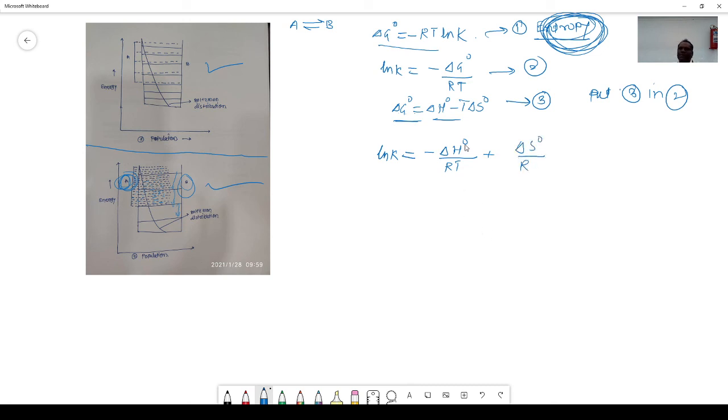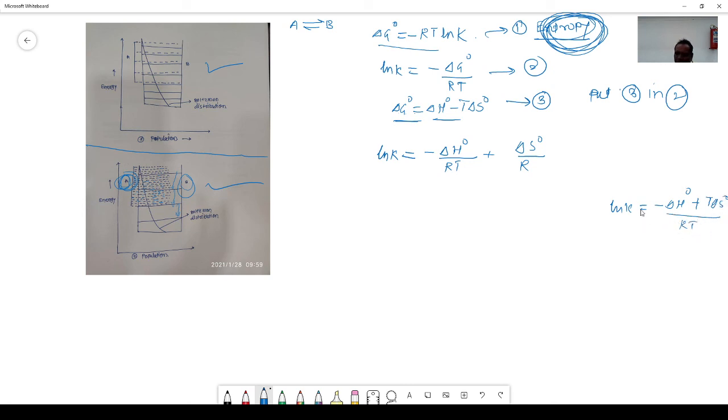How does it come? I will write again here, ln K is equal to, instead of delta G0, minus delta H0 minus T delta S0, this minus will become plus, divided by RT.